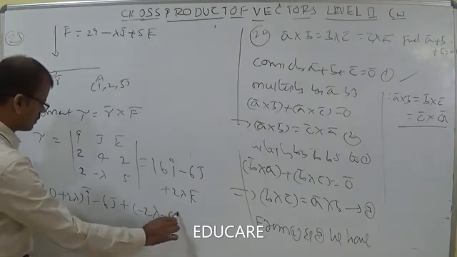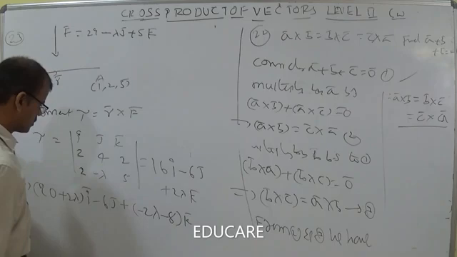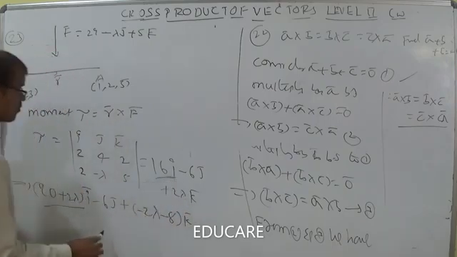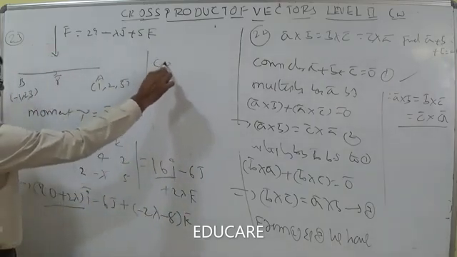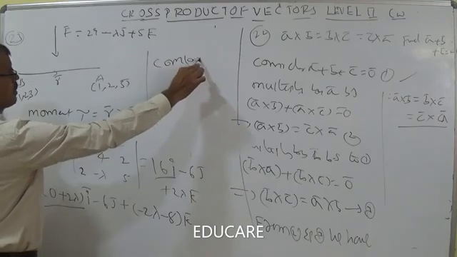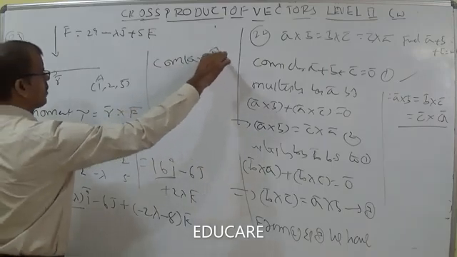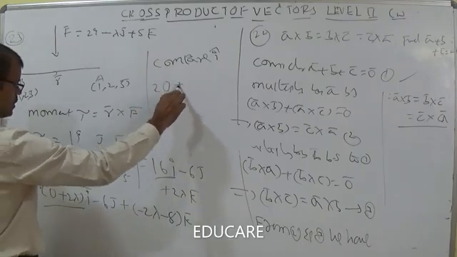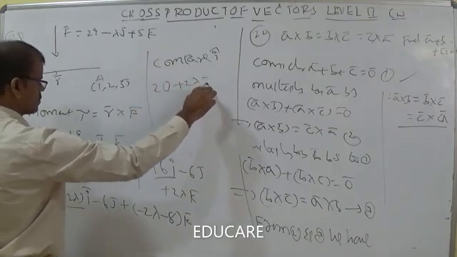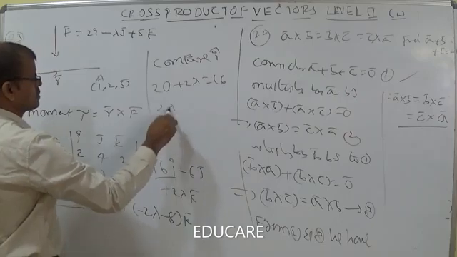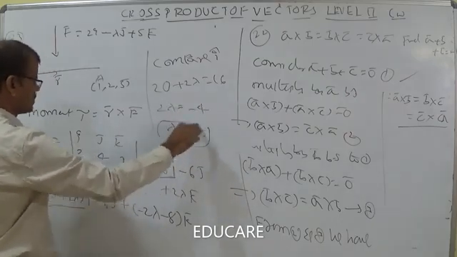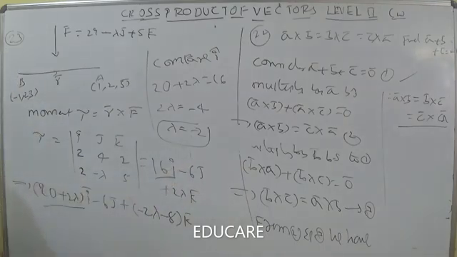Compare with this one. Comparing the i bar components, 20 plus 2 lambda equals 16. So 2 lambda equals minus 4 and lambda equals minus 2. First option we got.